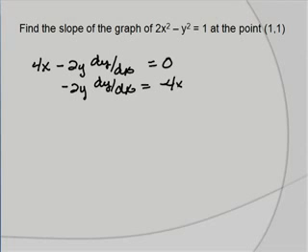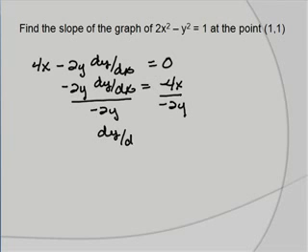So I'll make it a negative 4x. Then I want to divide by negative 2y. When I simplify that fraction, I get 2x over y.